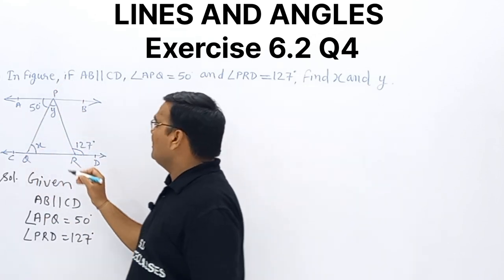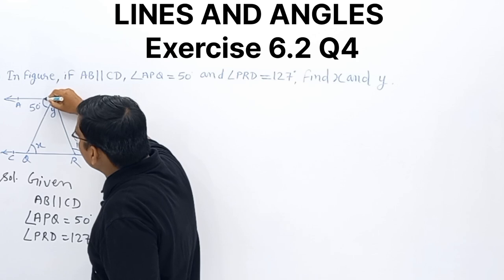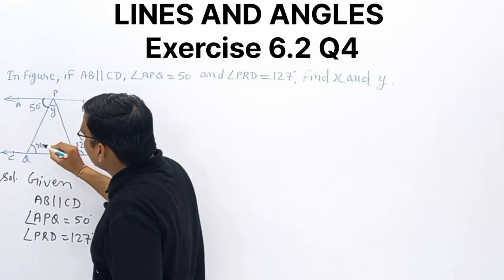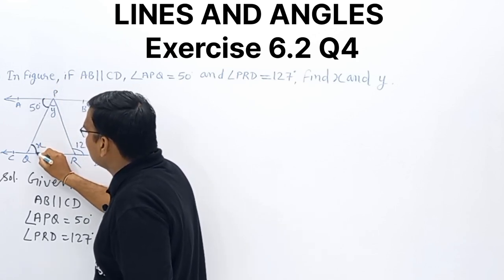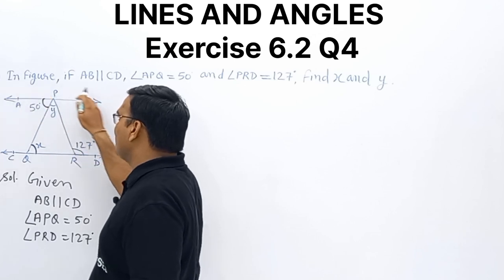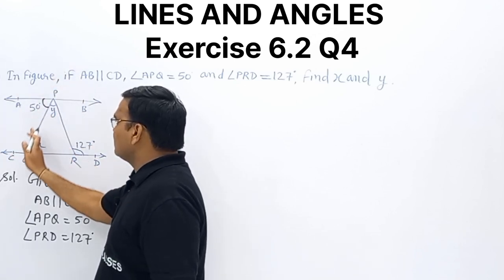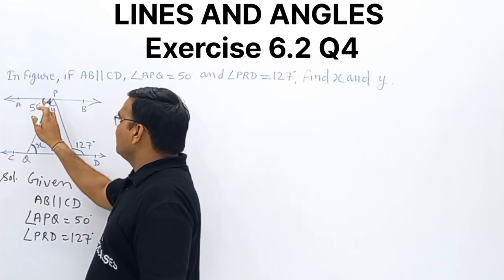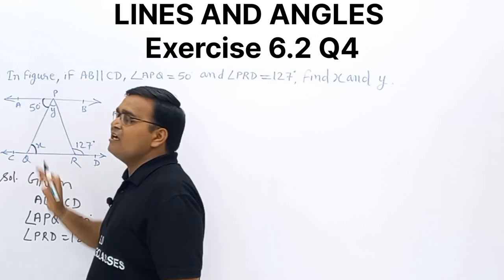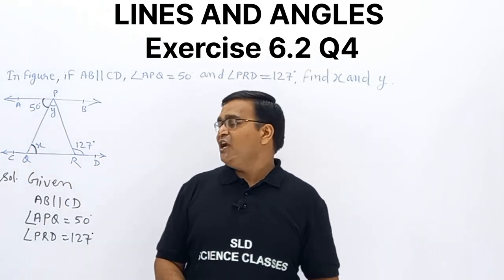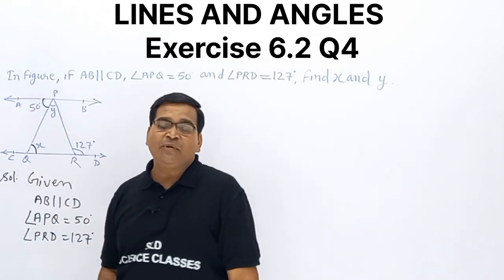It means this angle will be equal to this one. PQ is a transversal, so this angle and this angle will be equal. It means x will be 50 degrees.